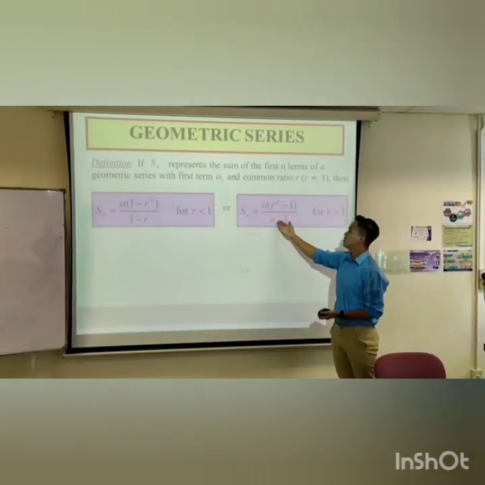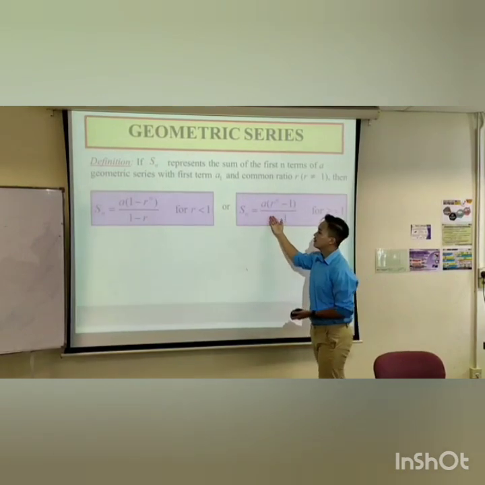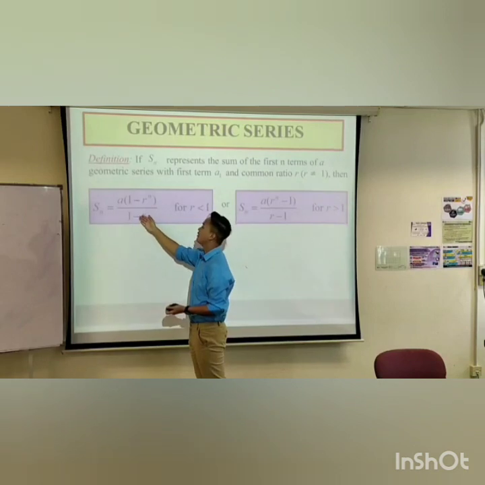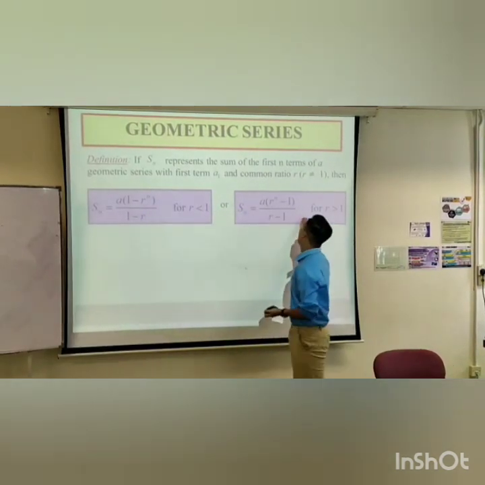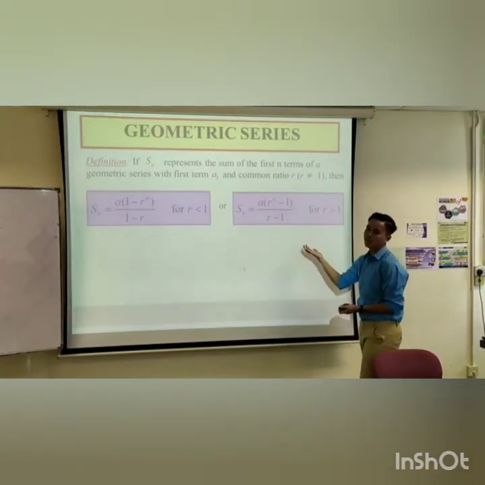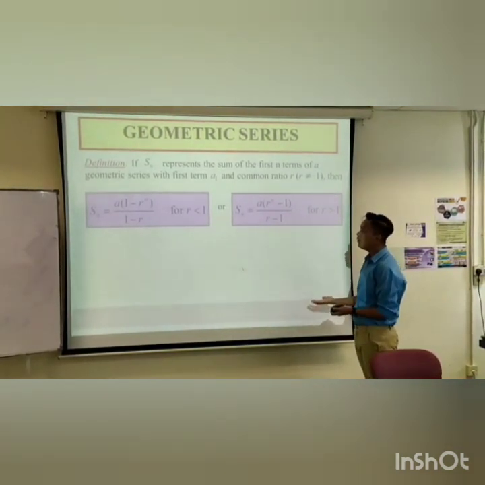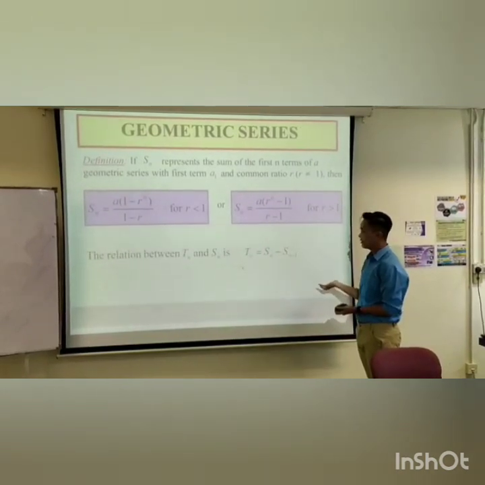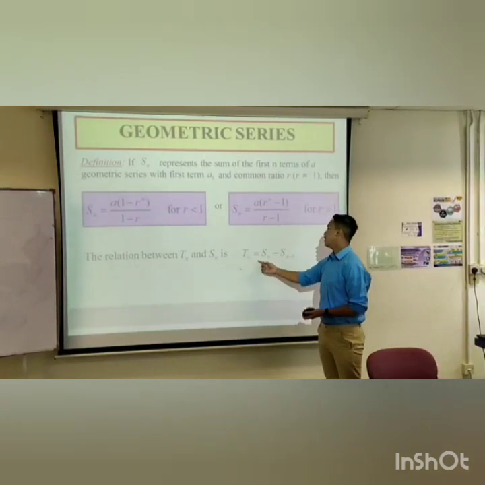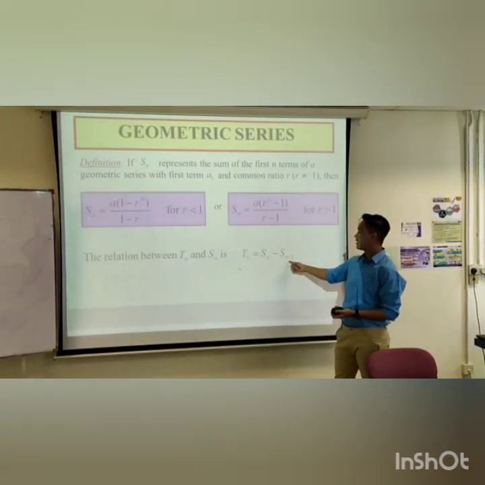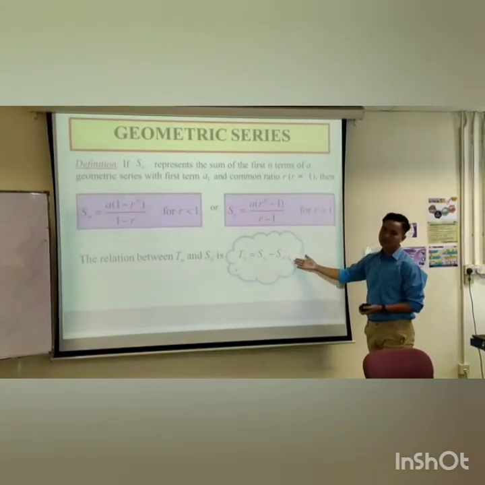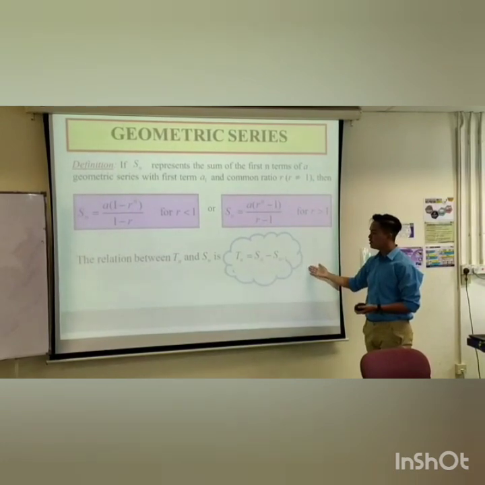Try to see the position of R. For R less than 1, it is behind the 1. For R bigger than 1, it is in front of the 1. So try to memorize this somehow because you will need this. The relation between Tn and Sn is Tn equals Sn minus Sn minus 1. Okay. This is the concept for this.